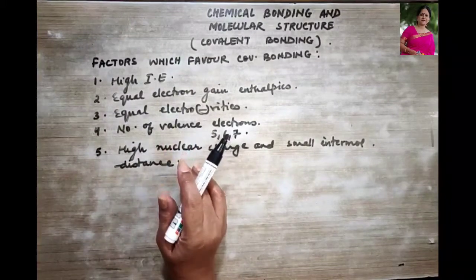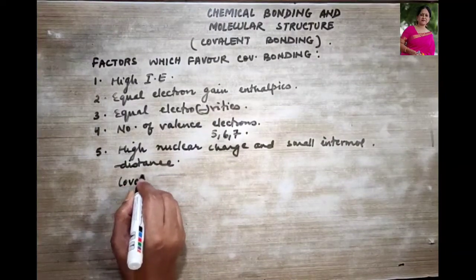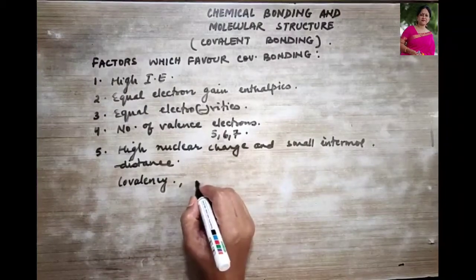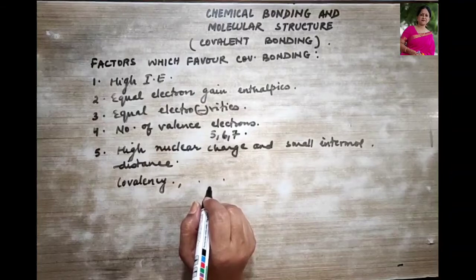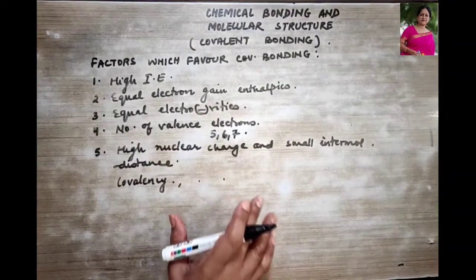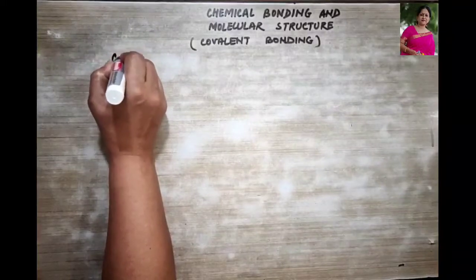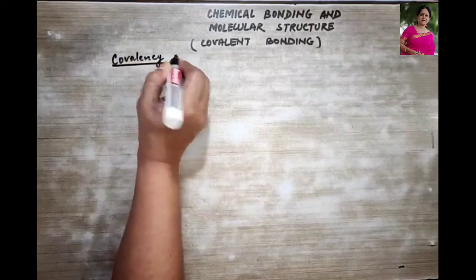Now we are going to understand a new term called covalency. We will also understand what is variable valency, and we will also try to understand what is maximum covalency. Let us understand what covalency is.